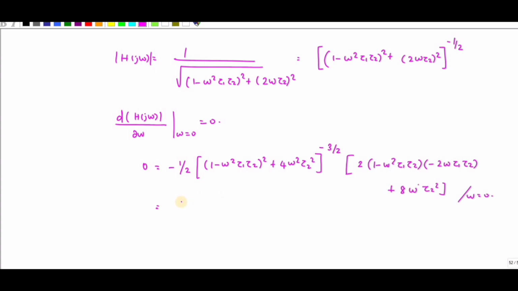I can write minus 4 omega tau 1 tau 2 into 1 minus omega square tau 1 tau 2 plus 8 omega tau 2 square.